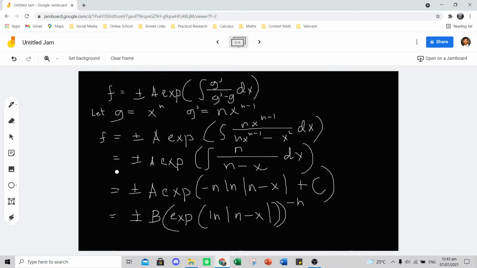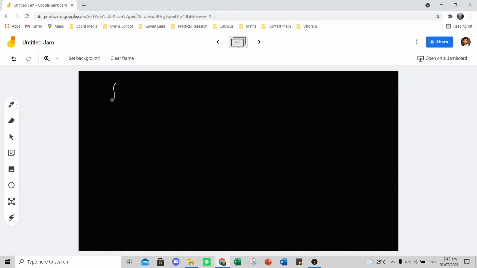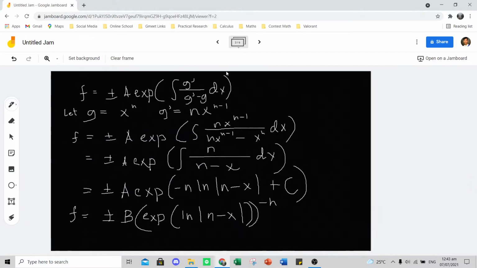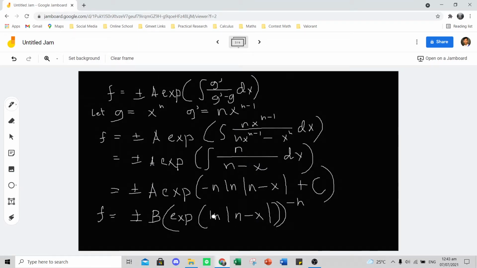Let's go to the next page. Let's take note of this equation. And using some logarithmic properties, we get that f is equal to plus or minus b, and we can cancel the natural log of n minus x, the natural log and the exp.